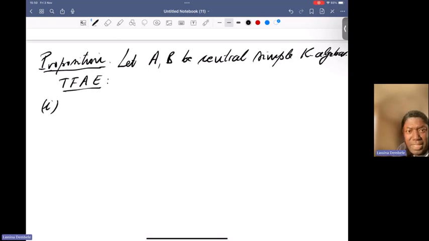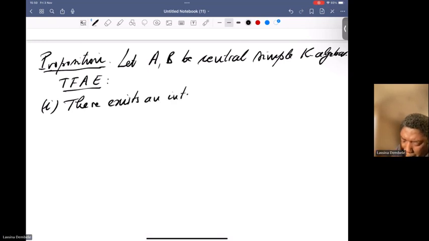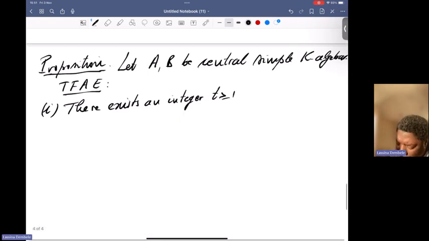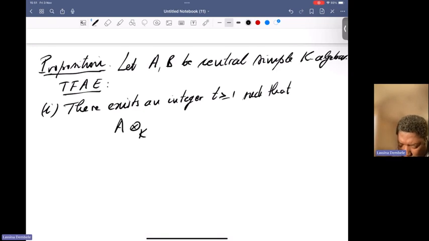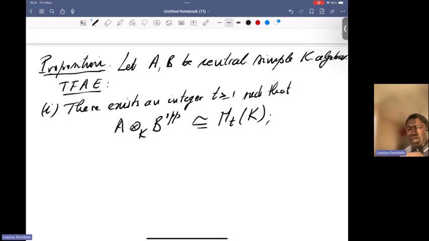The first says there exists an integer t, at least one, such that when we take the tensor product of A with the opposite of B, we get an isomorphism with the matrix algebra over K of t by t.